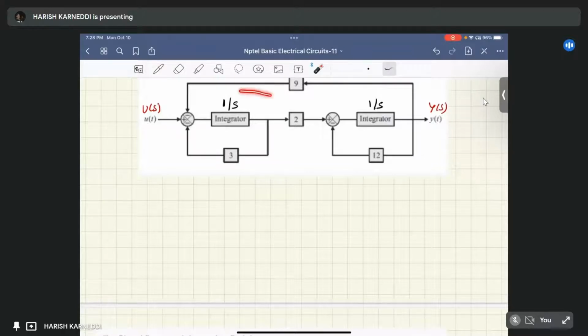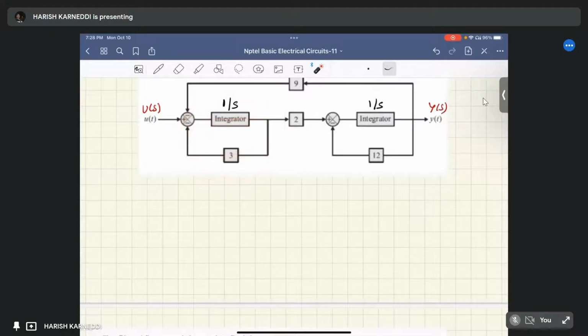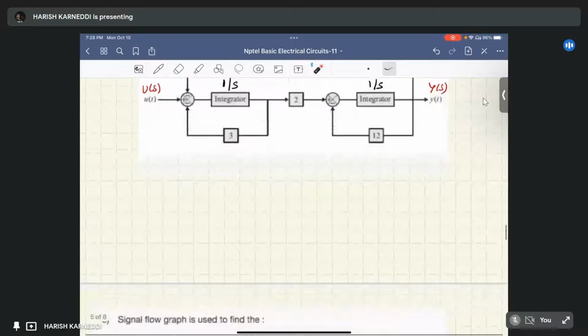First we will consider this loop up to this point. It means here it is the forward path, here it is feedback. Here it is negative, which means it is a negative feedback loop.